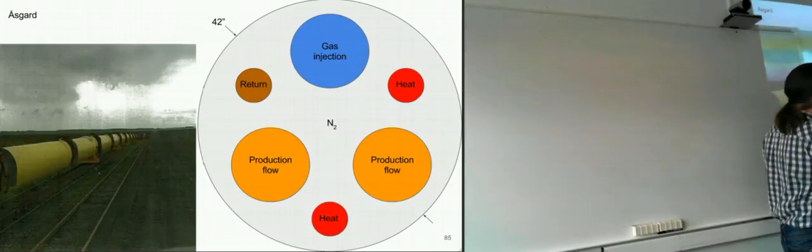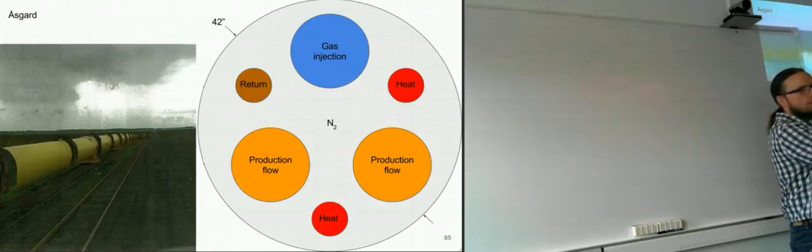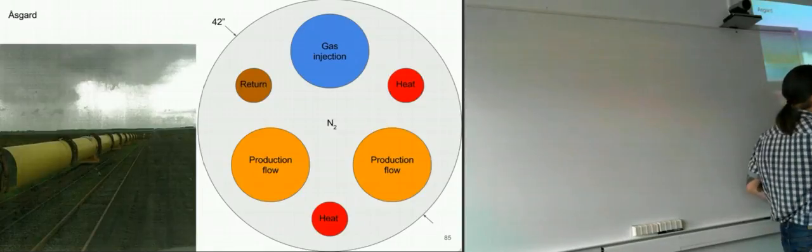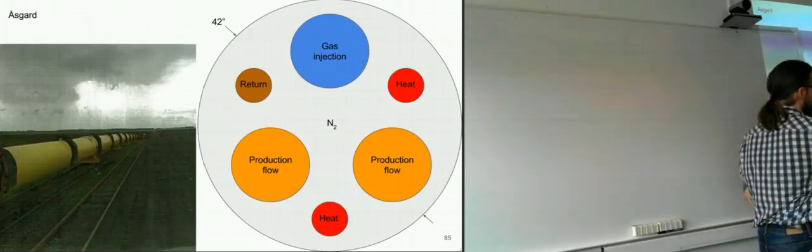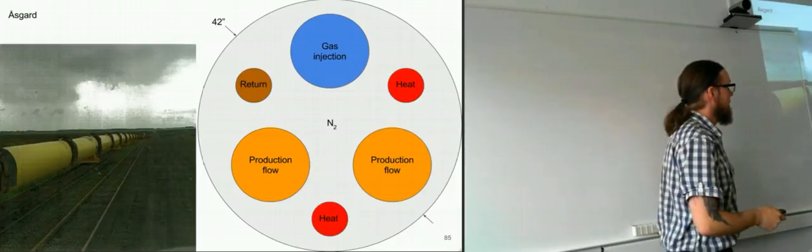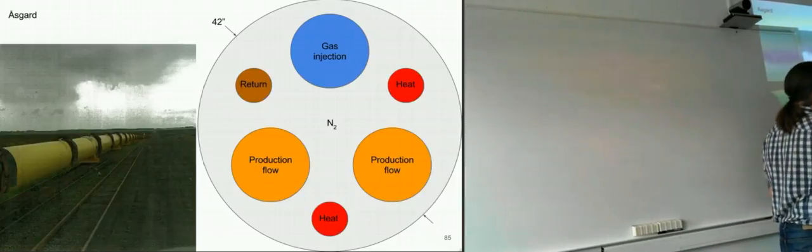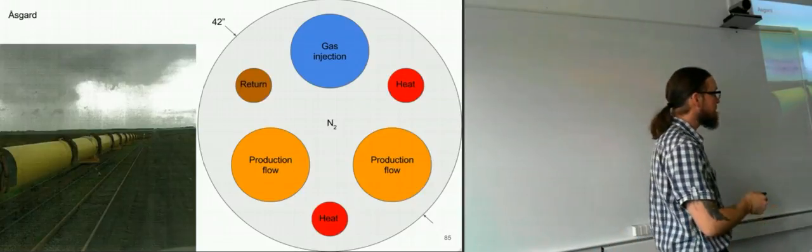Of course, the sizes of these are probably much closer to each other. They're probably larger, so that they fill in the pipe much more than what is shown here. This is just me putting in circles just to show what's going where. Because I just had a picture of this one and it was all in Norwegian, so it was easier to just create a new one.